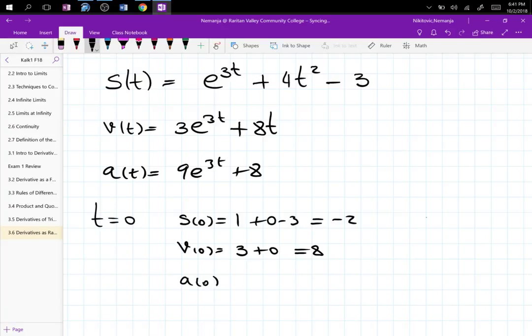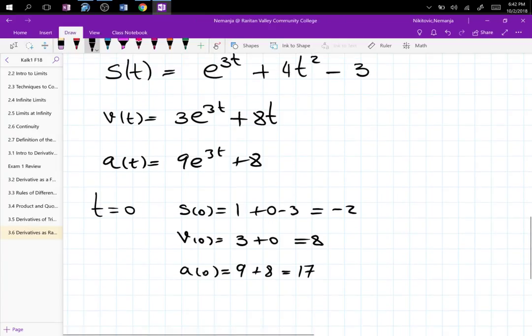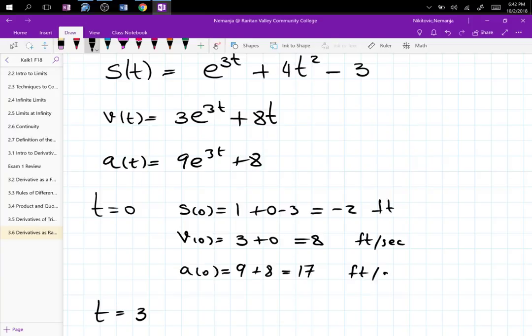And A of 0 is going to be 9 plus 8, 17. At t equals, let's say, 3 seconds. Okay, well, let's say that this is feet per second, and this is feet per second squared.